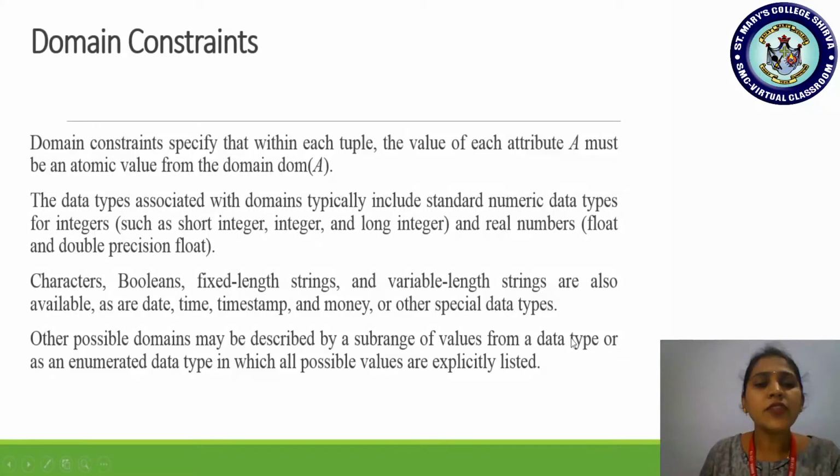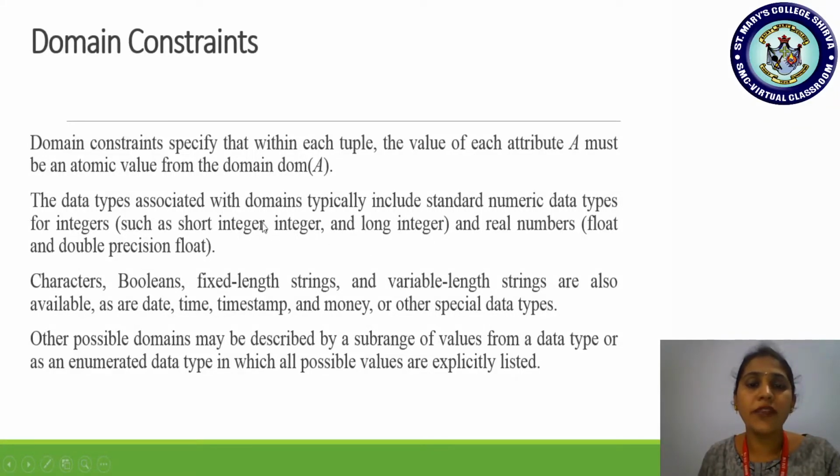The data types associated with domains typically include standard numeric data types for integers. So if you want to add a constraint that a roll number should be of a numeric data type, in numeric data types we also have many possibilities to choose from, like short integer, integer, long integer, like we have found in our C++ programming, right?